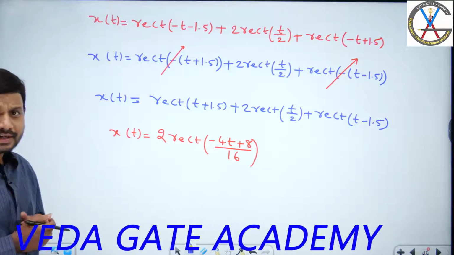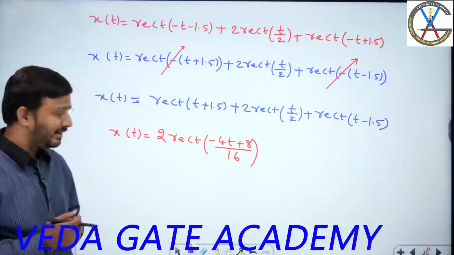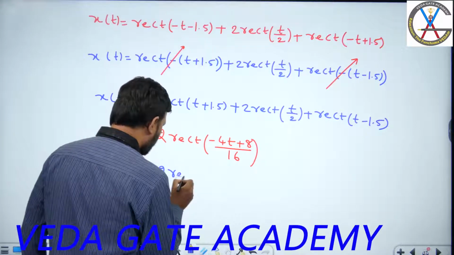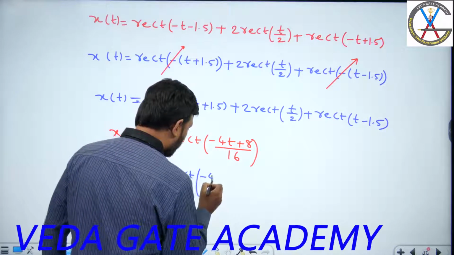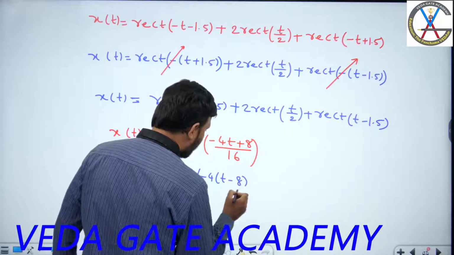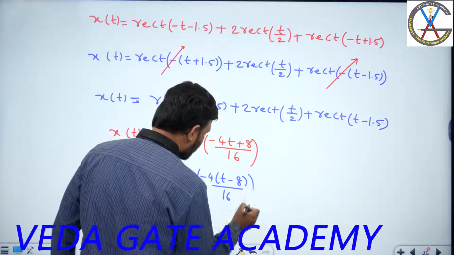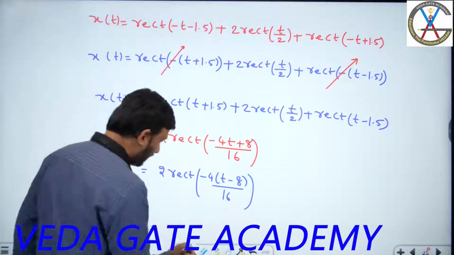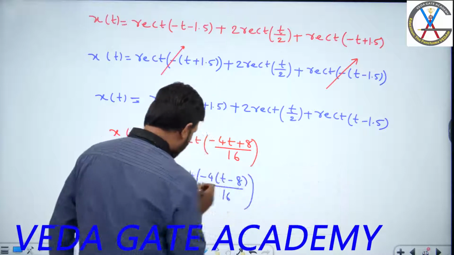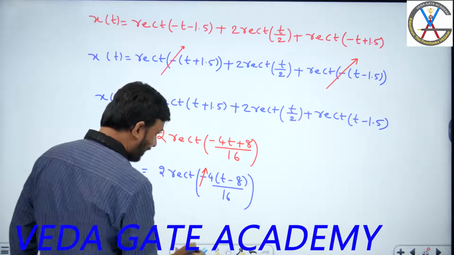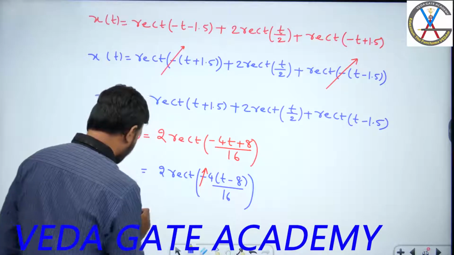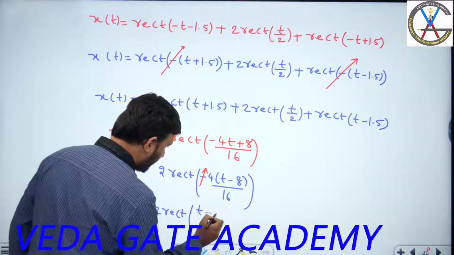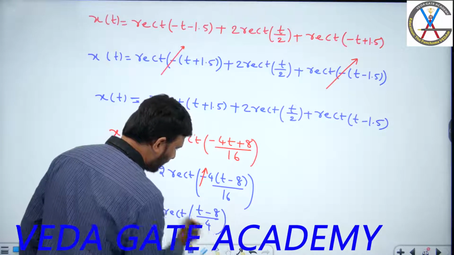You have to make use of the standard rectangular pulse expression. How? Observe here. I can write this as 2 rect of, taking minus 4 common, (t - 8)/16... Whenever you have minus here, this doesn't have any significance in the rectangular pulse, so I can ignore this minus, and the remaining thing I can modify like this. This is nothing but 2 rect((t - 8)/4).